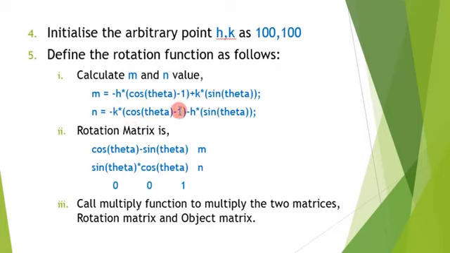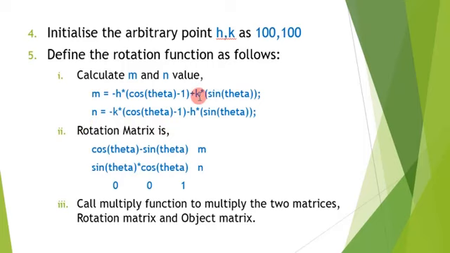So the rotated triangle x-axis is equal to minus the original triangle x-axis into cos theta minus 1 plus the original value of y multiplied with sine theta.